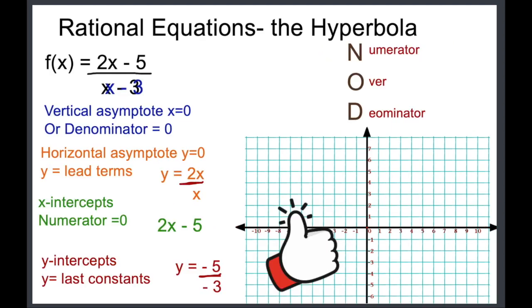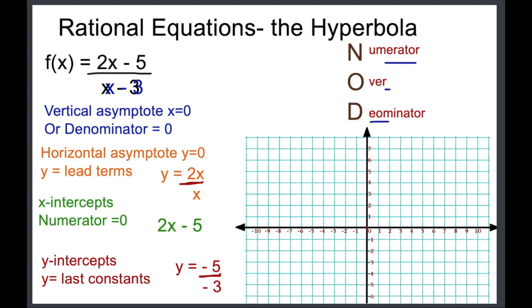In this example, I want to remind you over here on the right, just a little bit of memory work: numerator over denominator. That's very important vocabulary to remember because we need those to graph this.